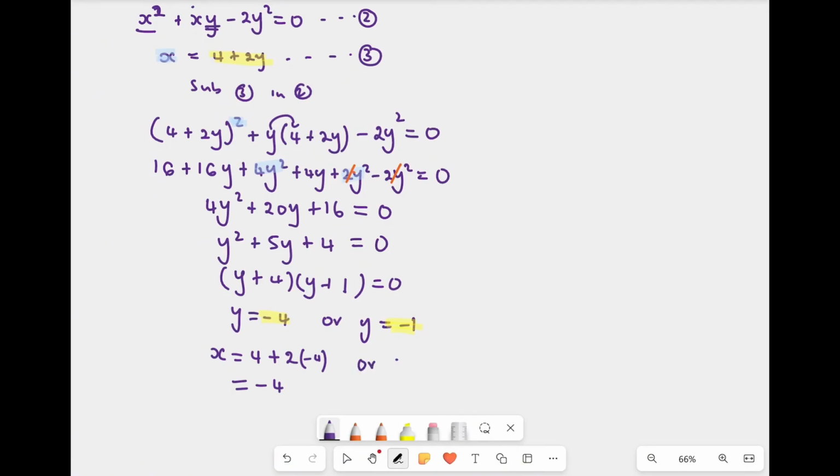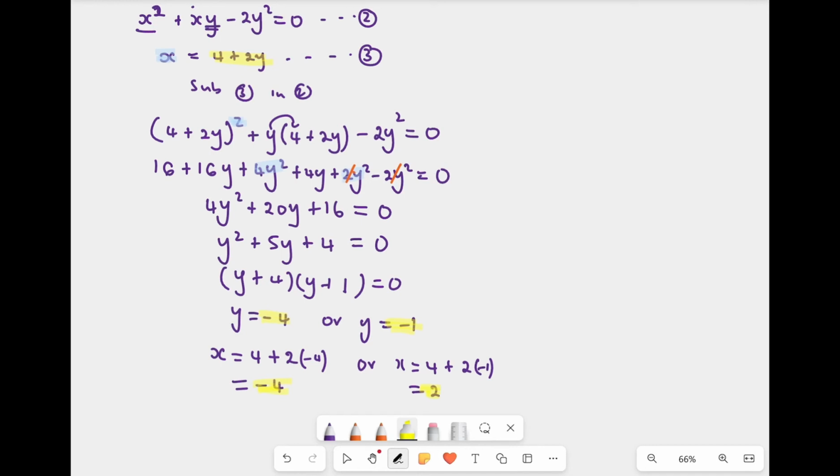Or x is equal to 4 plus 2 multiplied by negative 1, which will be positive 2. So the values of x are negative 4 and positive 2, and the values of y are negative 4 and negative 1.